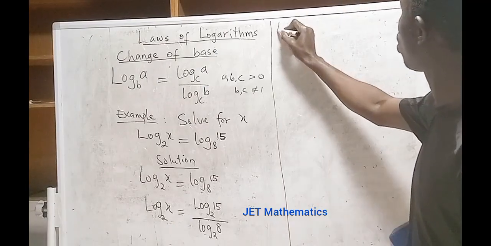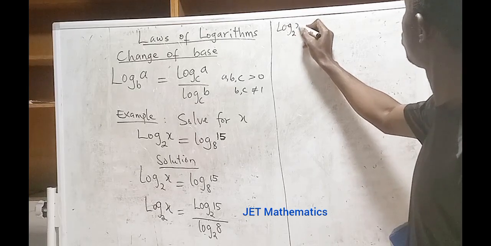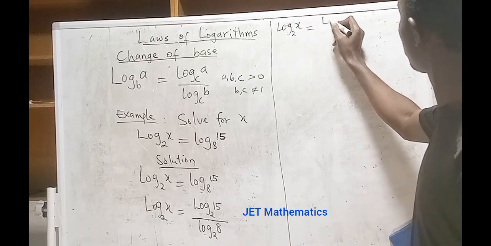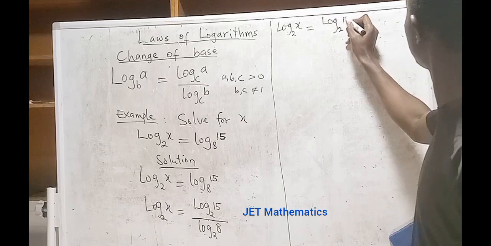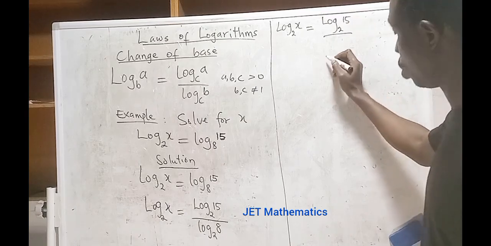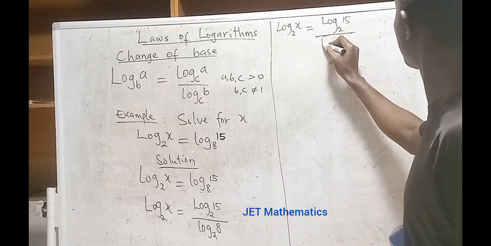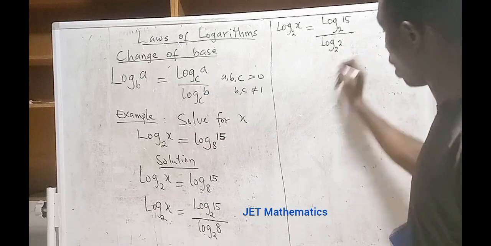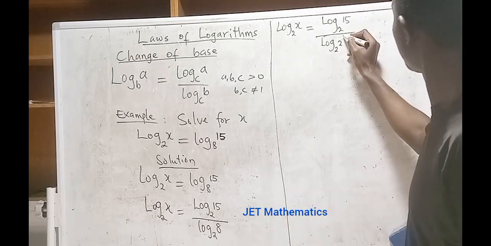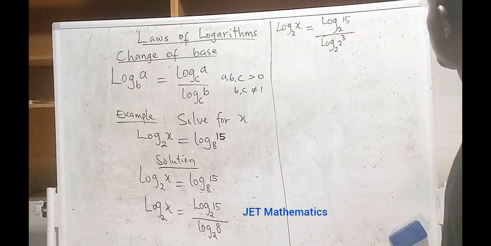Next, we'll try to simplify this now. So here we have log x to base 2 is equal to log 15 to base 2 over log 8 to base 2. We can simplify this: 8 is 2 raised to the power of 3.